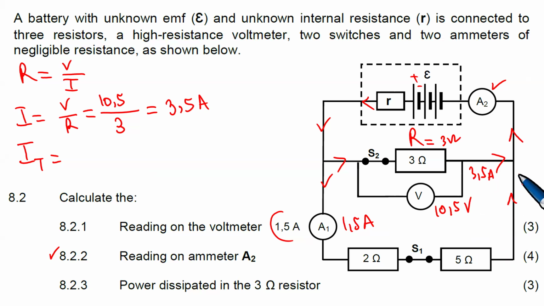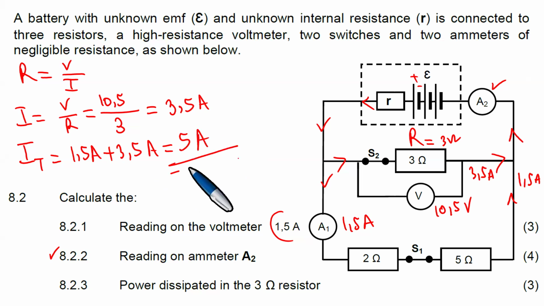So you have the 3.5 that combines with the 1.5 amperes, and they combine together, giving us 5 amperes. So that indeed it is exactly 5 because we're adding the 3.5 and the 1.5 amperes there.